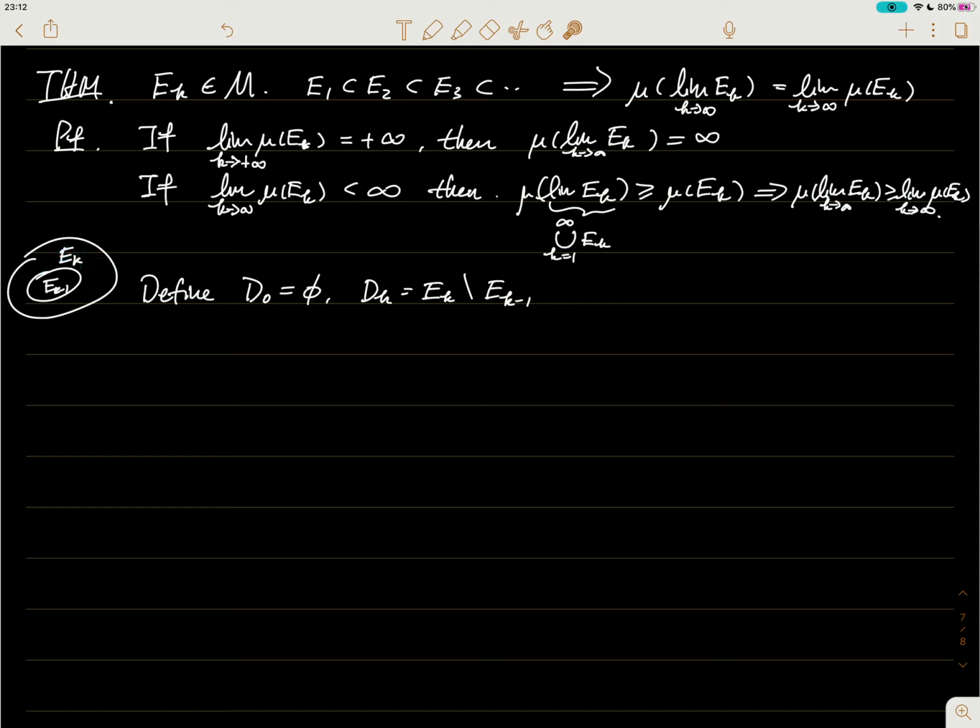Okay, but we can look at it. Notice that this union of the EK, which is just the limit of EK, is equal to the union of the Dk's. Okay, since Dk collects all the differences between them, so you take the union, it will still be the original union of EKs. And not only that, we can also see that the Dk's are mutually disjoint.